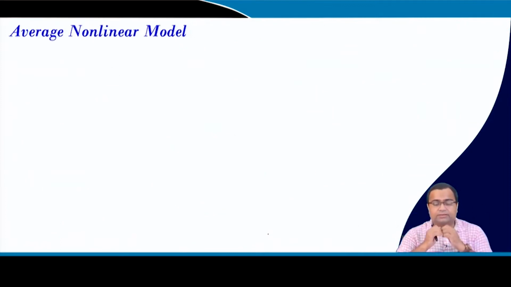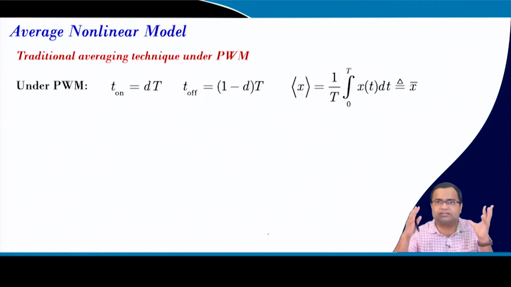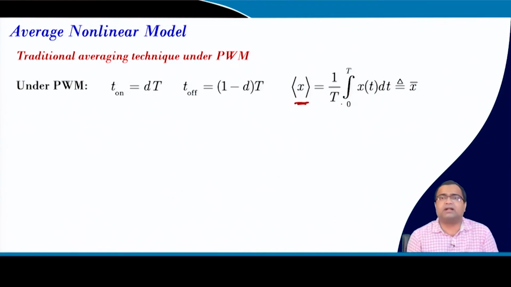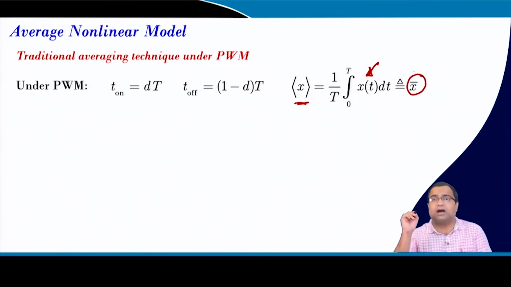Next, we obtain the average small signal model, and we have discussed multiple times that if we operate in pulse width modulation, we can apply the traditional averaging technique, where the average quantity is nothing but the average of any variable over a complete switching cycle 0 to T, which we denote as x bar.